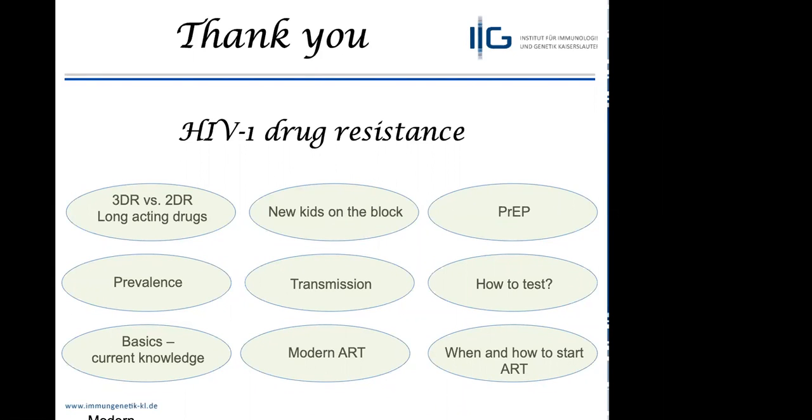But yes, we do see this, and this is why we have to change our definition of failure. Drug resistance is in the end. I think failure starts by detecting replication, or viral load.